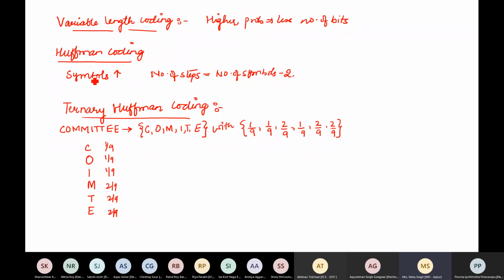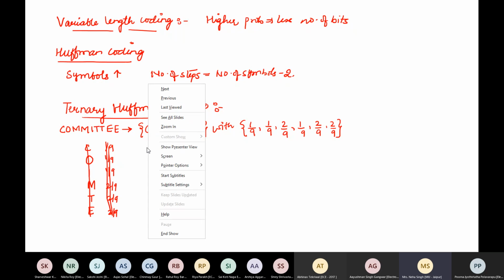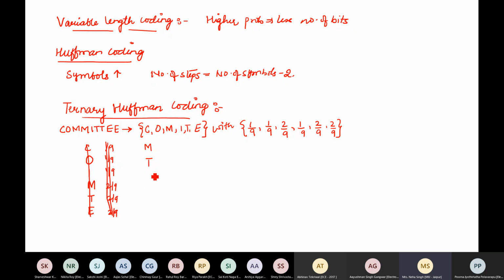Oh sorry, I arranged it in the wrong order. It has to be in decreasing order. So it will be M, T, E, C, O, I: 2 by 9, 2 by 9, 2 by 9, 1 by 9, 1 by 9 and 1 by 9.